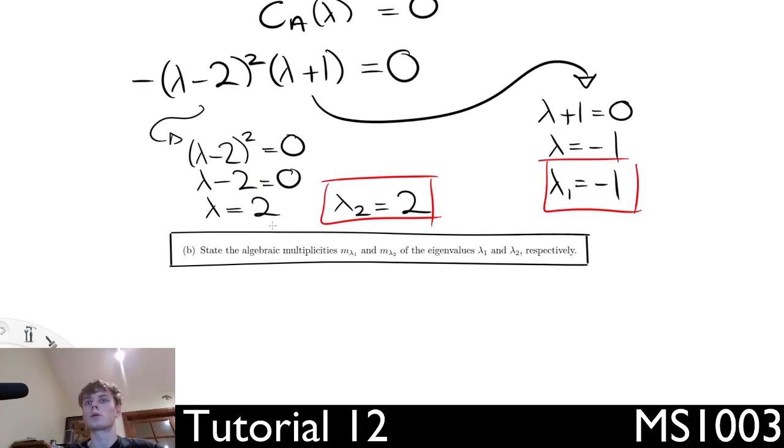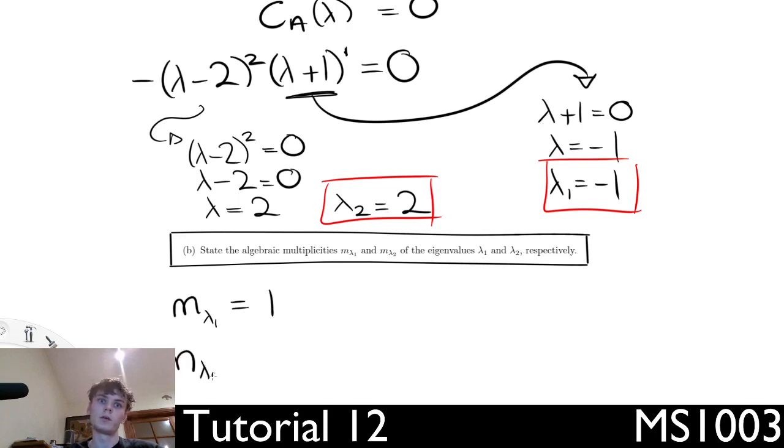So for lambda 1, which is minus 1, this is the part of the characteristic polynomial that contains this eigenvalue. And you can see it's to the power of 1 here. So that means m lambda 1 is 1.